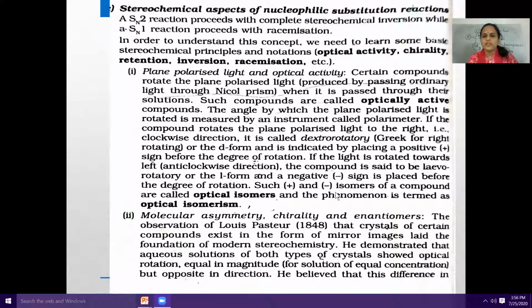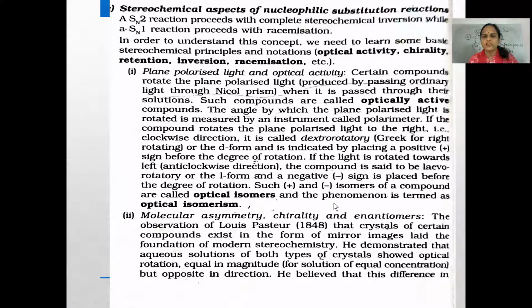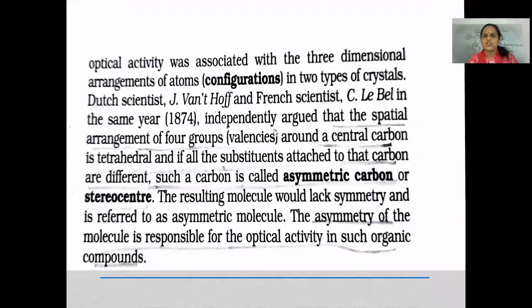So we'll be dealing with molecular asymmetry, chirality, and enantiomers. Here you see an asymmetric carbon atom. The central carbon is tetrahedral, and if all the substituents attached to that carbon are different, such a carbon is called an asymmetric carbon, or a stereocenter.